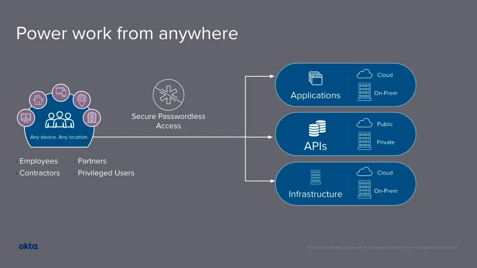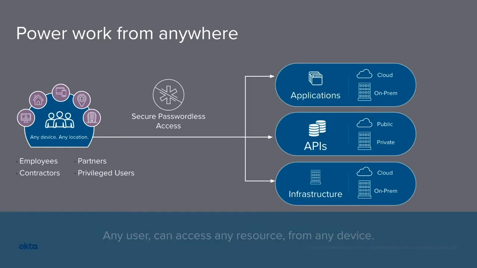All of these different factors are taken into account to determine the experience we provide to the resources we see on the right. And we mentioned earlier that it's not just applications which can be supported, it's also the APIs, and the infrastructure that you may be accessing, whether that's via SSH or IDP. All of which can be provided with a secure passwordless experience. We'll see that in a little bit of detail later on as to how we can get rid of passwords forever.